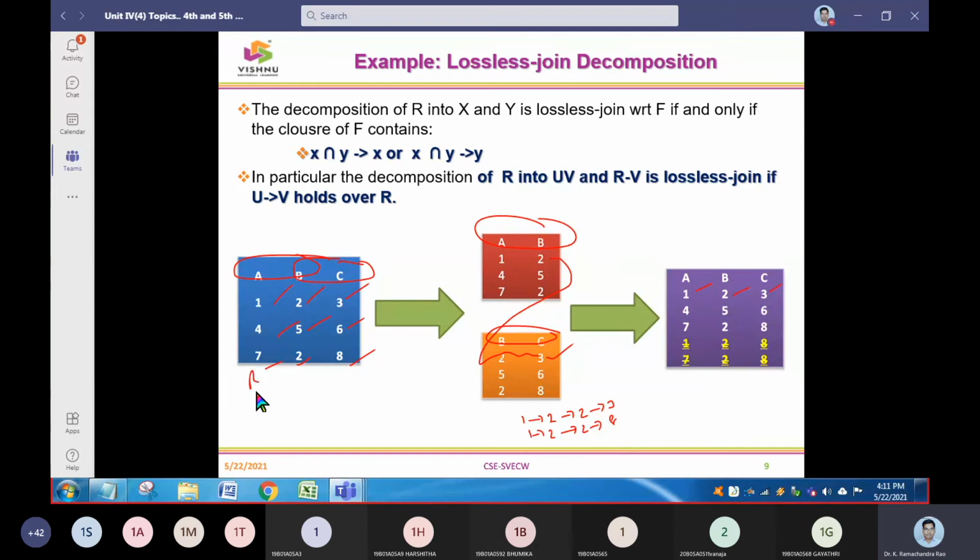Now see the base table here. In this base table, is there any relationship? 2 to 8, 2 to 3. So now you can see 2 to 8 and 2 to 3. Similarly, one more ambiguity you can see here. 7, 2. Then what you can write? 2, 3. Or I can write 7, 2, 2, 8.